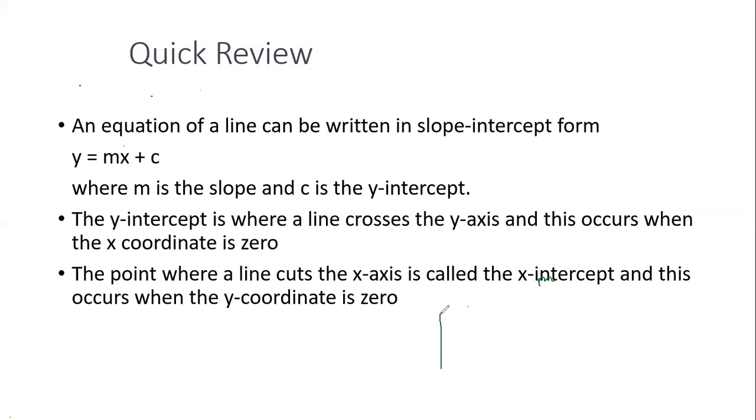Like we said, don't go off. We said when it comes to the rise, it means this, the vertical one. Then we said run is this horizontal one. And we said that gradient is always given by rise out of the run.